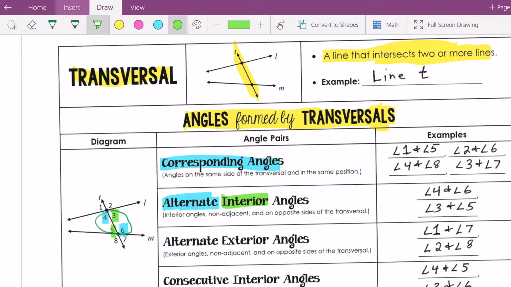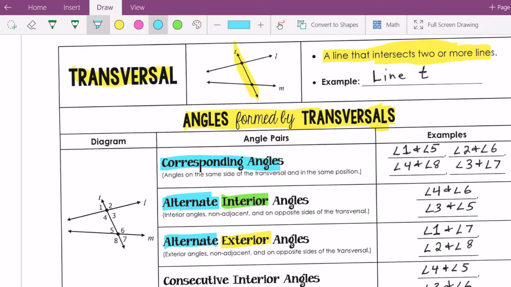The next one uses almost the same keywords except changes one little part. Instead of being interior, it is exterior. Alternate is still the same. So instead of worrying about the angles on the inside, now we're going to be talking about the angles on the outside.